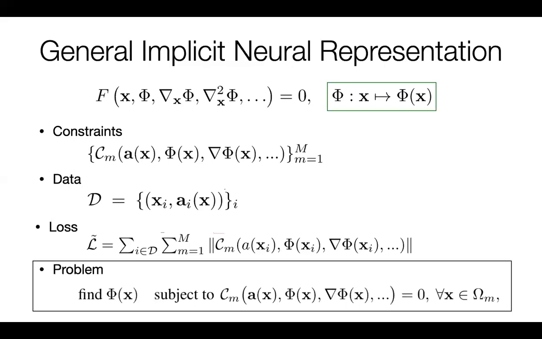And then as conditions, we can put the network itself and the gradient and the derivatives of various orders, continuing on raising the order. And this takes into account the fact that the derivative of the network is the network itself, and it's continuously differentiable.